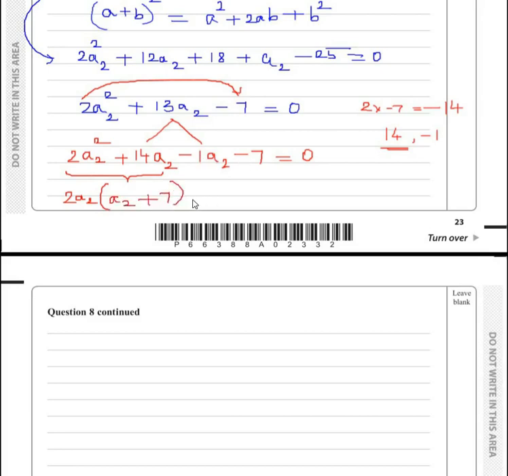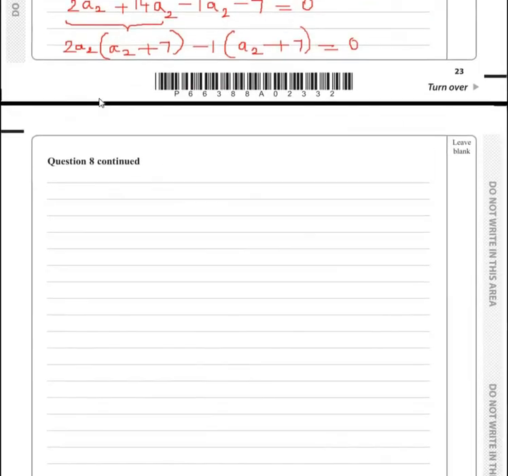And from here we can take out minus 1 common, and what remains is a2 plus 7 equals 0. So further factorizing, we have 2a2 minus 1 and a2 plus 7 equals 0. So we have the two factors now.